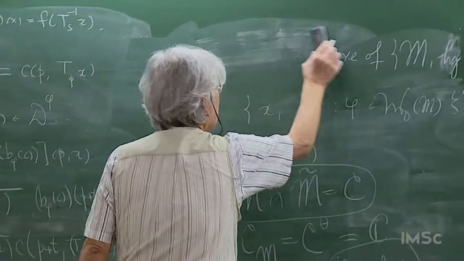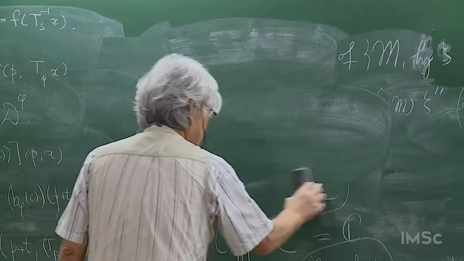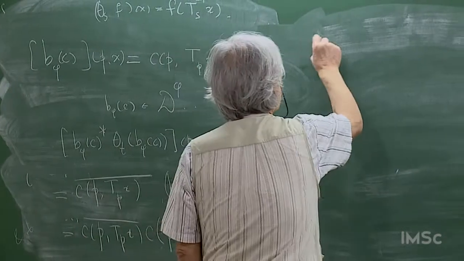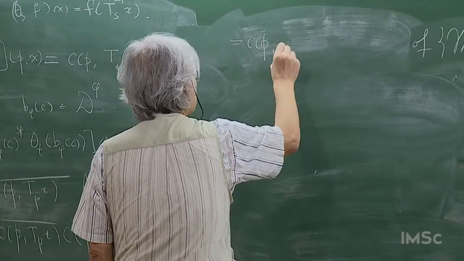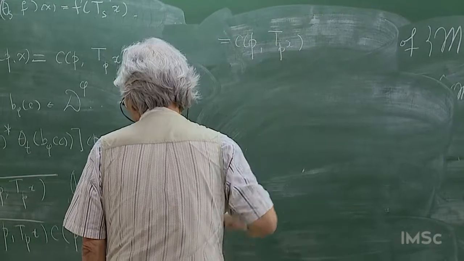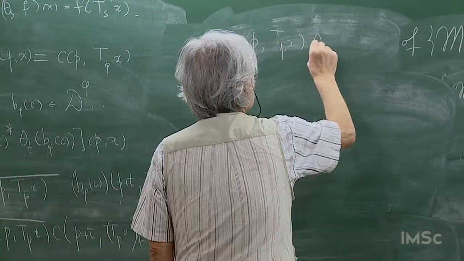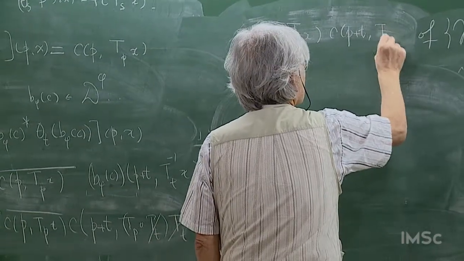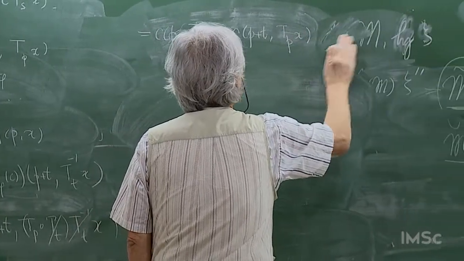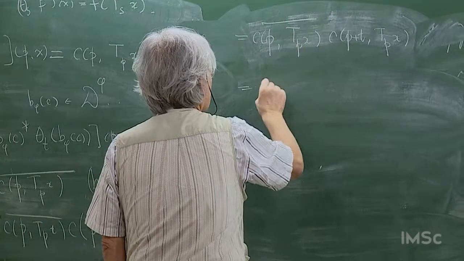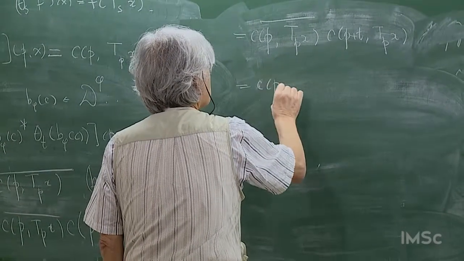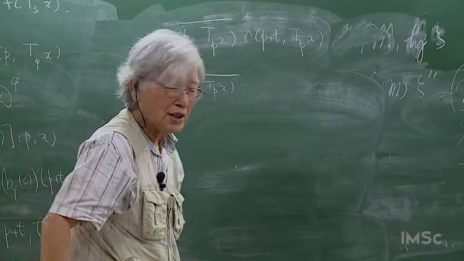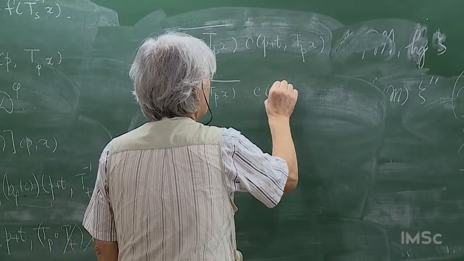So we have this equal to C of P T P X times C of P plus T T P X. Oh, here is the conjugate. C of P T P X, the conjugate, cocycle identity of C over T.